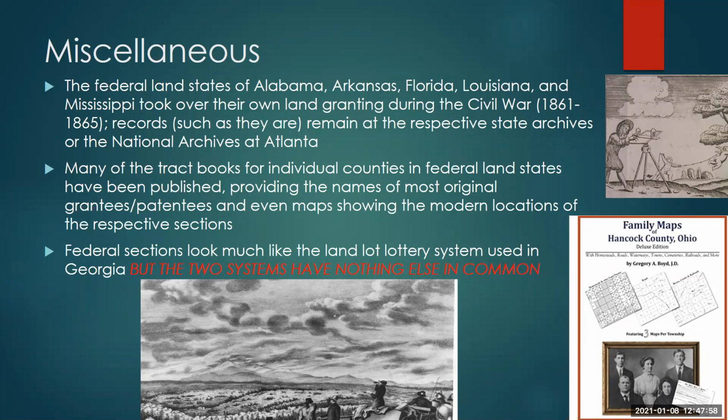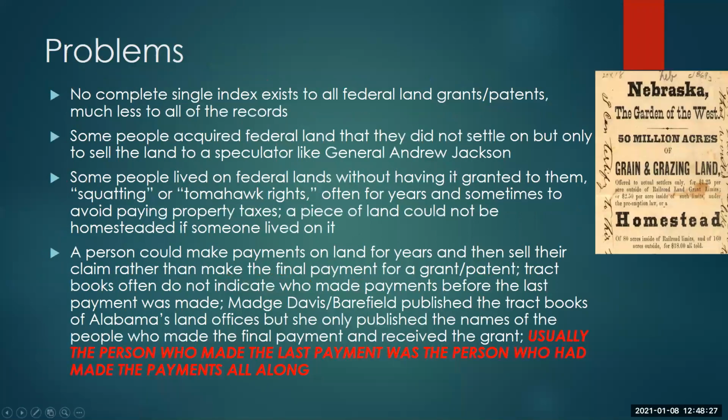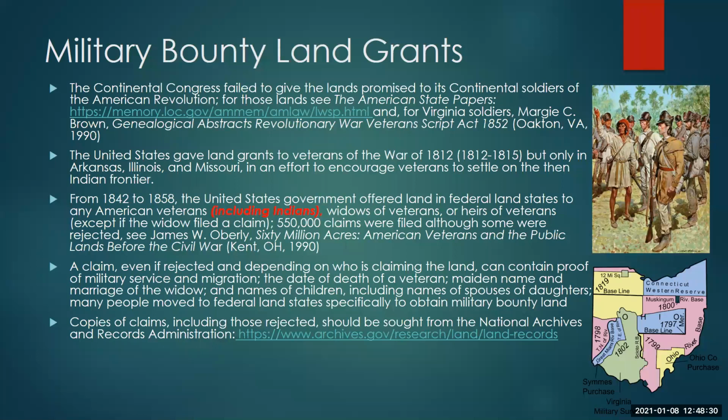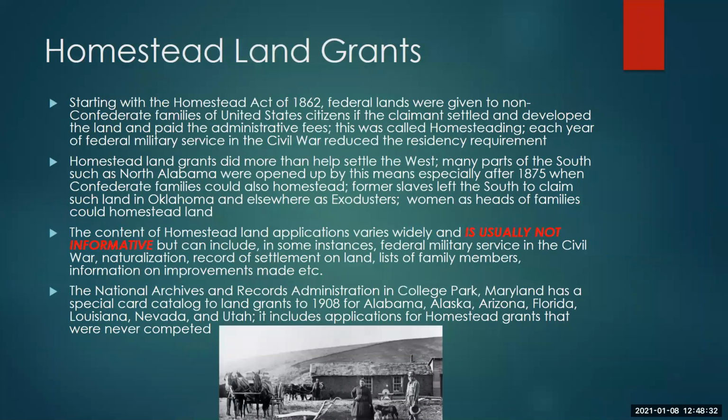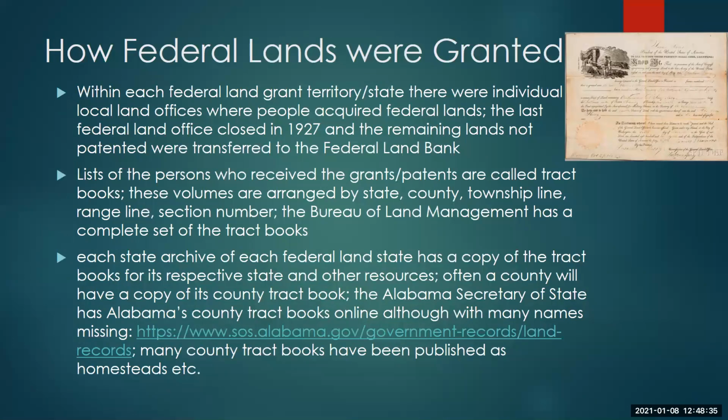Great advice. Thank you. Now, one of the students named Betty says in the chat box, my family settled in Wisconsin in 1848. I suspect they bought the land from someone, but perhaps they got a grant. Where would I go to find this information? All right, what you need to do first is go to the website of the National Archives and Records Administration. Then go to federal lands there, and I cite it on the slide here.